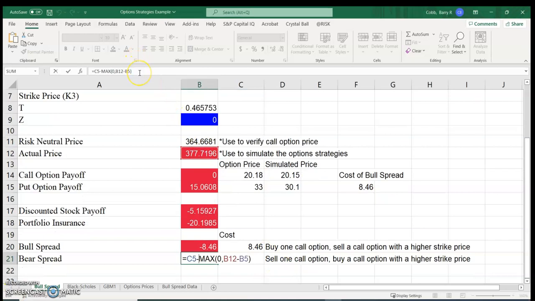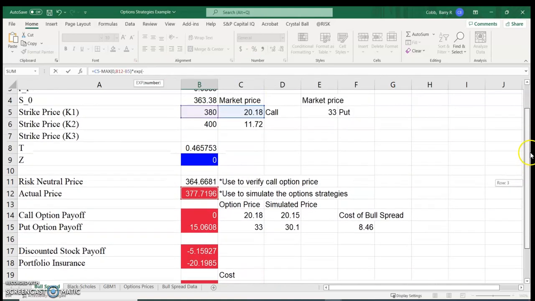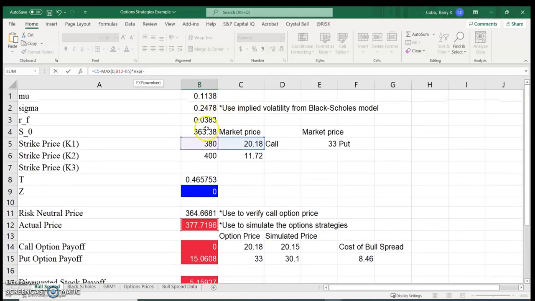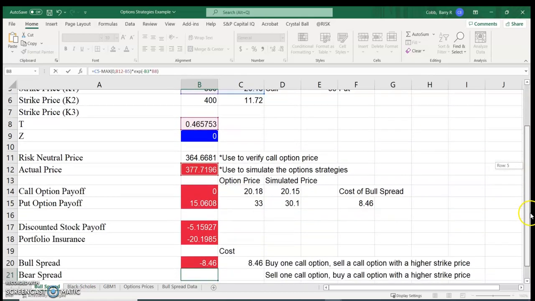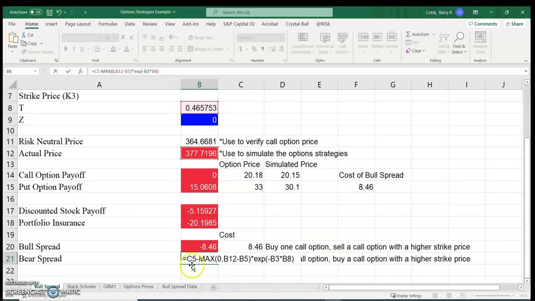And then we always need to discount that payoff to present terms. The discount factor is the exponential function of the risk-free rate times the expiration date. So this is the option we're selling. We receive the purchase price and then we pay out the option payout.